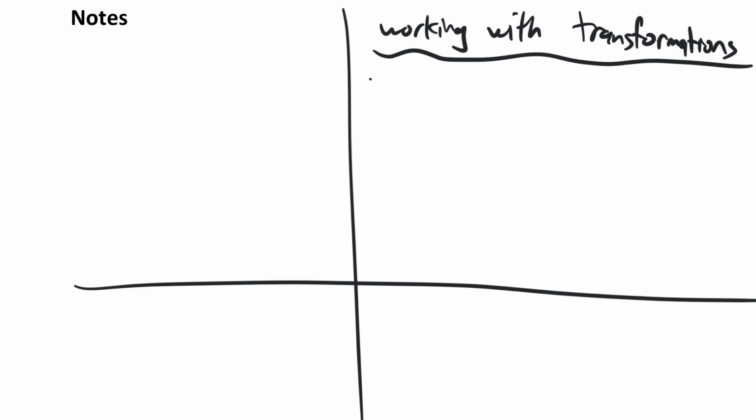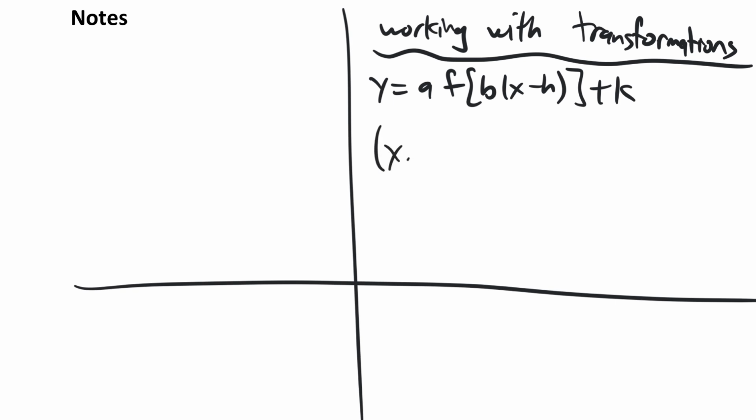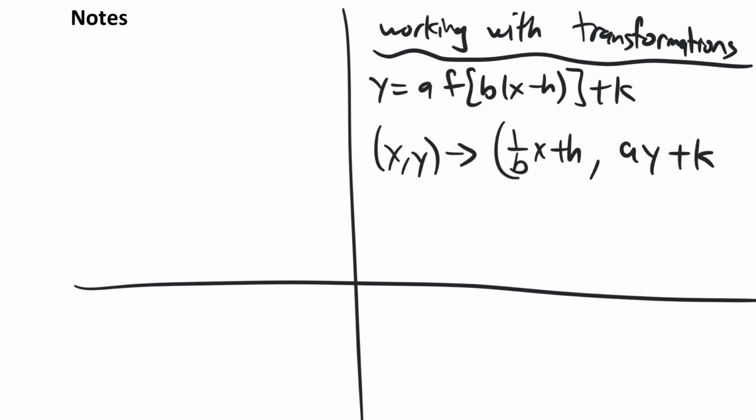And again, if we have y equals a f(b x minus h) plus k, one thing you might want to write down is the general mapping equation. So (x, y) becomes (1/b x + h, a y + k).